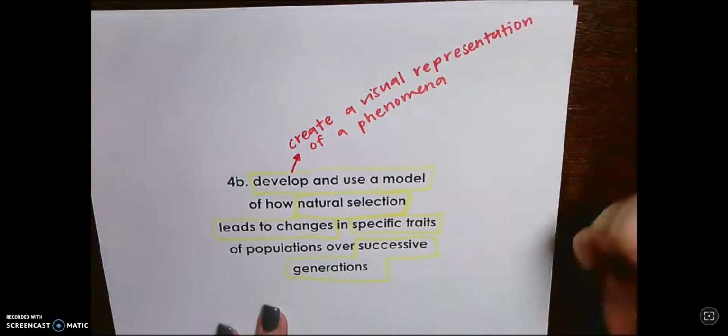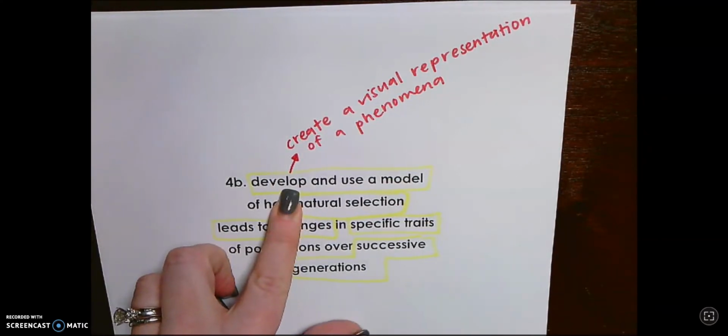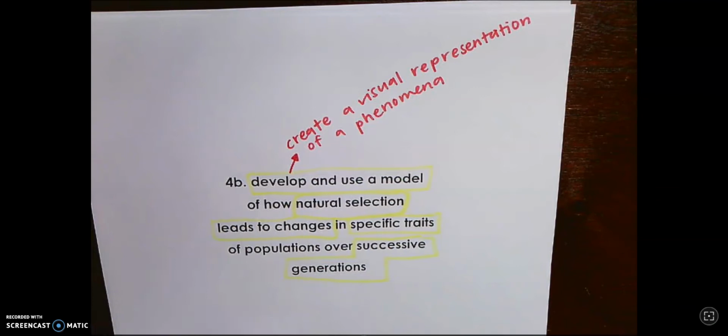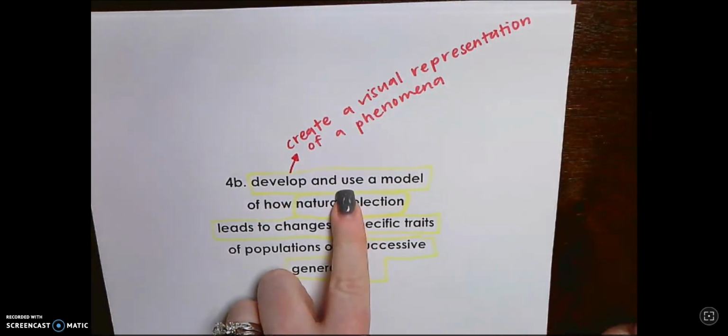In our case, we're looking at evolution through the process of natural selection. So I would say that is what developing a model would be, creating that visual representation, whatever that might look like. But then it also says we have to use the model.